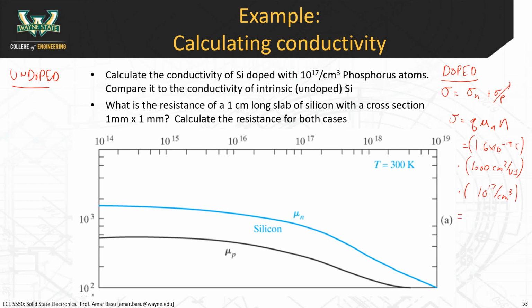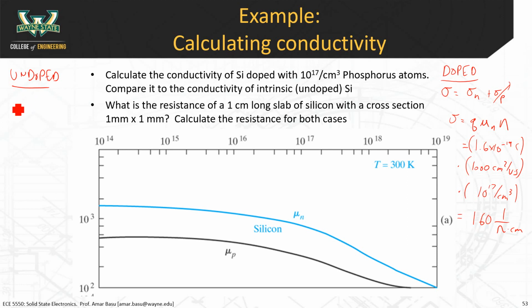Sorry, what was that? 160 1 over ohm centimeter. Okay. Can someone confirm that? I got 160. 160. Okay. I'm just going democratically. There's 2 people who said 160.